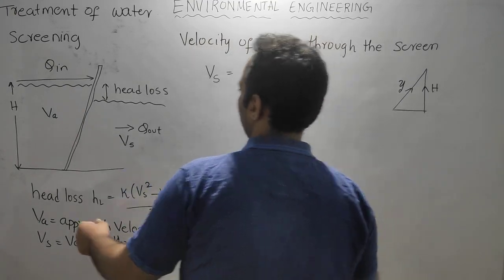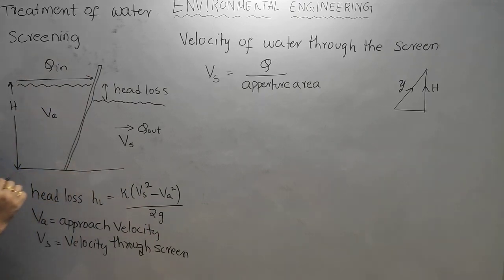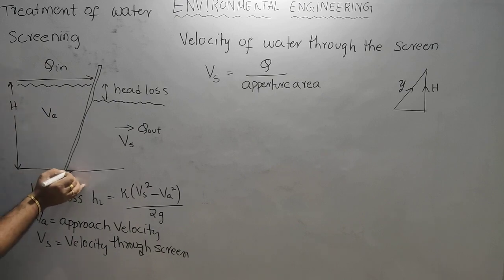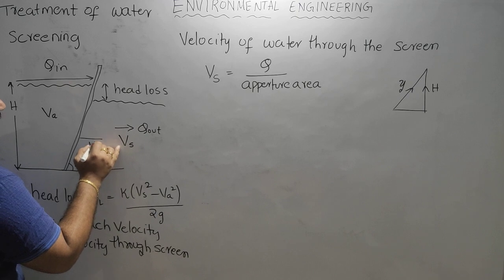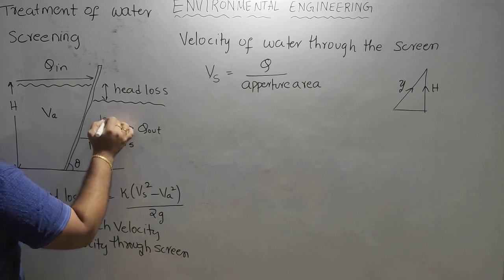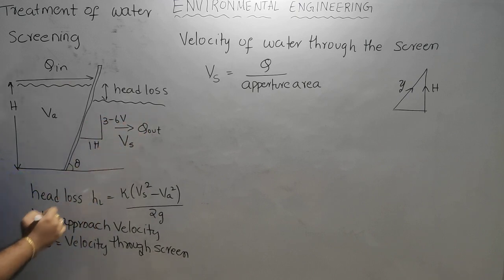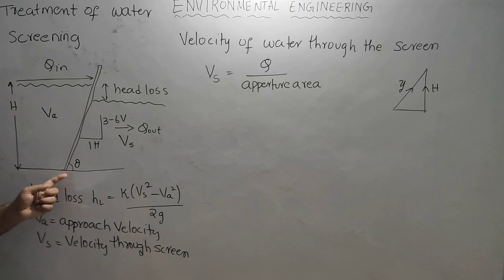And we know the inclination of the screen, theta. Generally we keep the slope as 1 horizontal to 3 to 6 vertical. So we know the theta here.